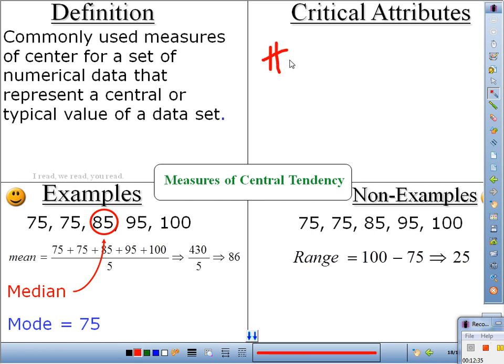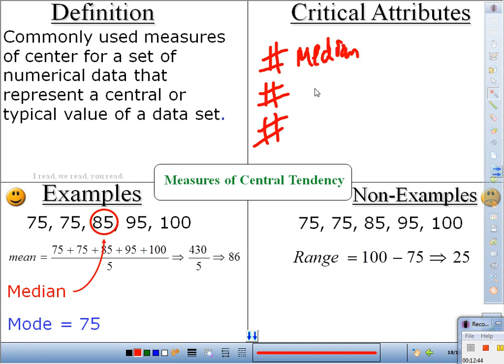Hashtag, give me a hashtag, please, Devin. Median. Okay. Wow, how creative, everyone.